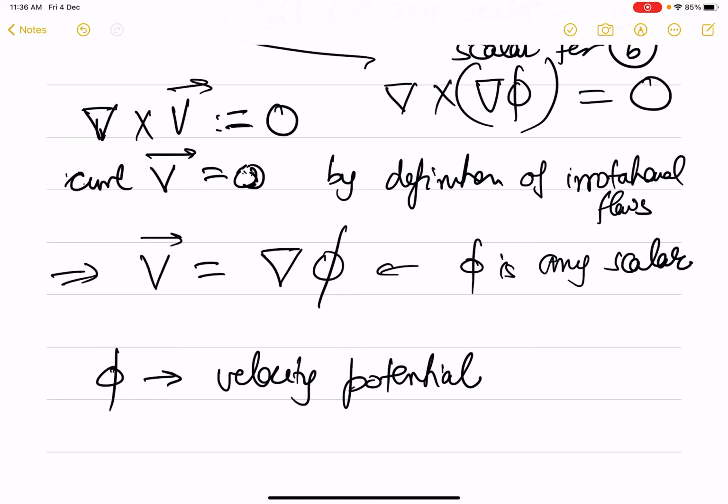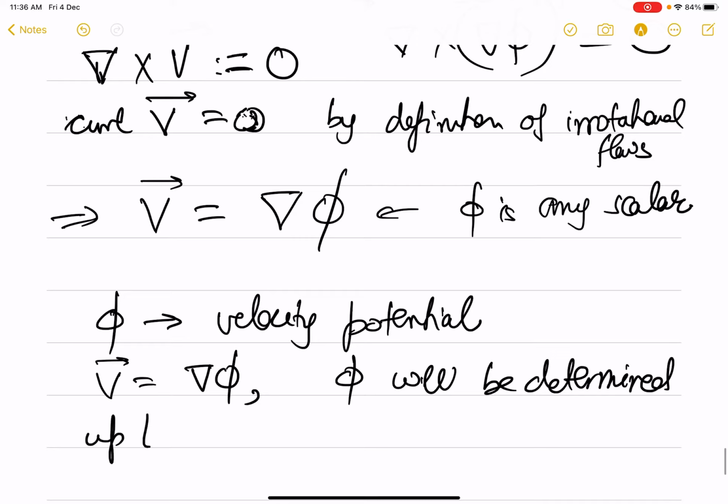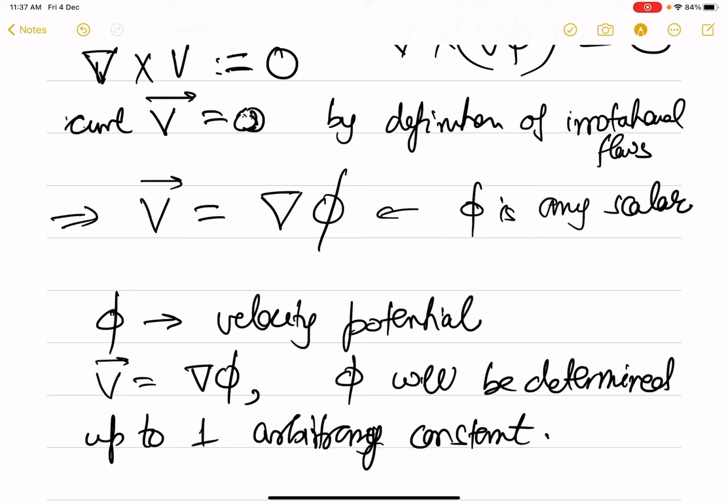And since velocity is equal to gradient of phi, if we want to find velocity, then phi will be determined up to one arbitrary constant, because phi itself has no meaning, it is only the gradient of phi.